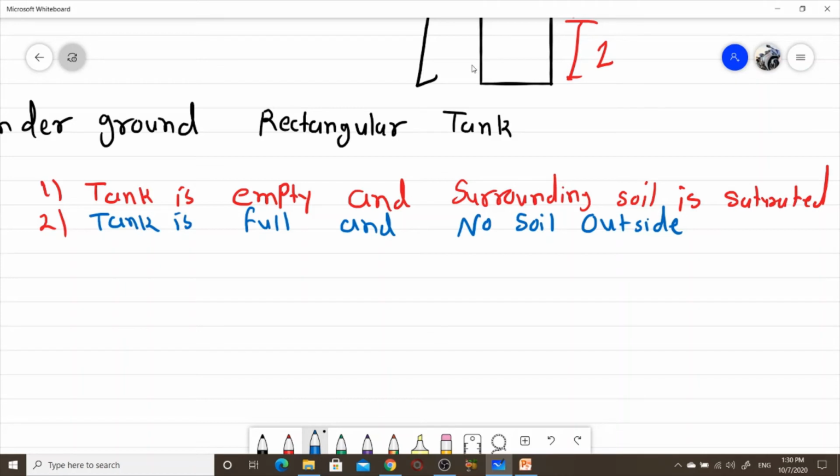So for the design of an underground water tank, we have two conditions: the tank is empty, and the tank is full. In both conditions, the force mechanism changes.